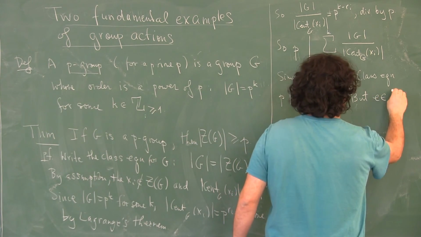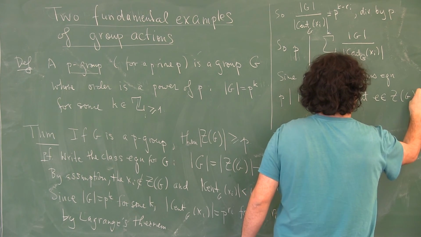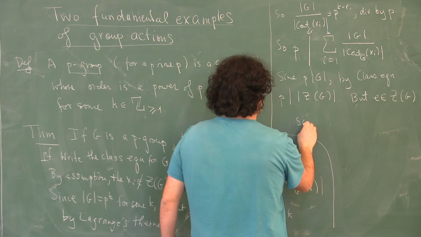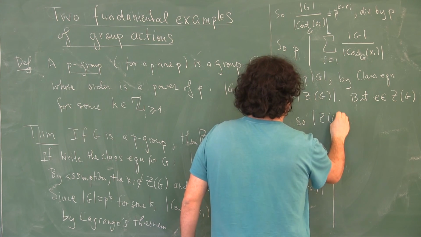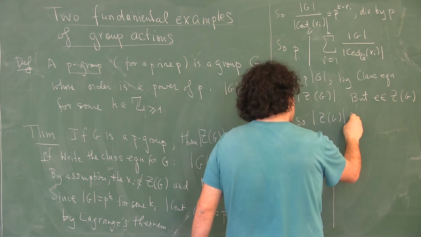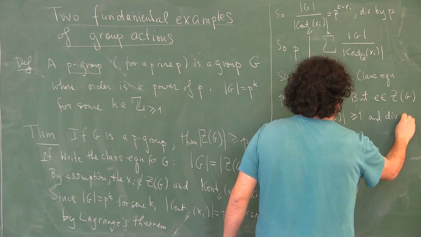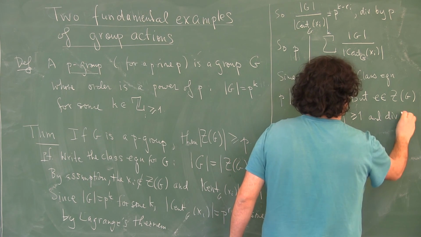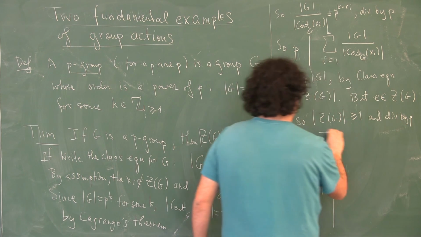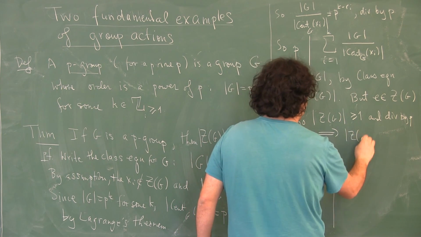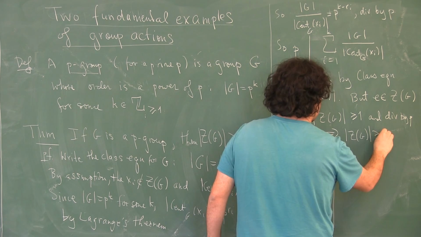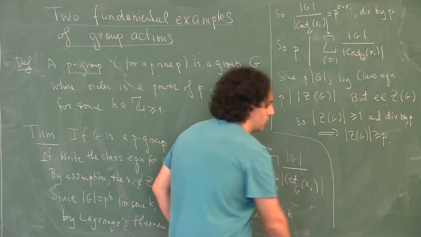The identity is in the center of G. So the order of the center of G is at least 1 and divisible by p. This implies that the order of the center is at least p, which is what we wanted to show.